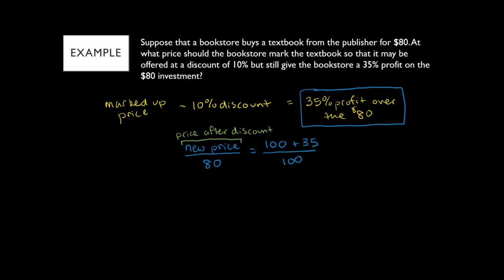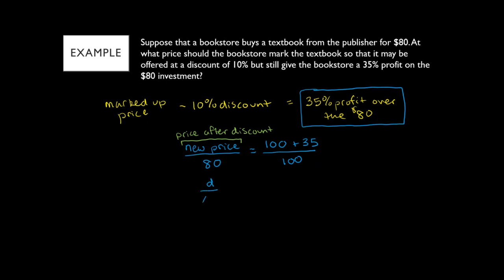Because if you notice on what I've written out in words, the part on the right is after we applied the discount. So that's what I'm going to be solving for here. It's not going to be the price we're going to sell the textbook at. It's just going to be the price of the textbook after we did that discount. So maybe I'll use the letter D to represent the discounted price.